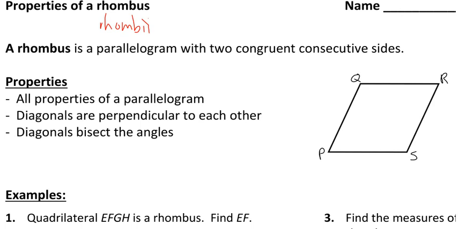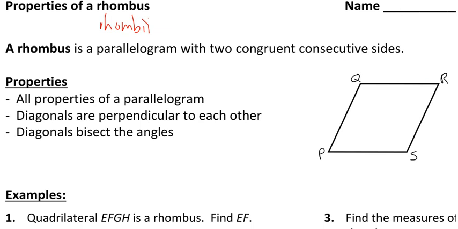A rhombus is a parallelogram with two congruent consecutive sides. Consecutive means those sides that are one next to the other. So for example, PQ would be consecutive to QR, and RS would be consecutive to QR, and so on.